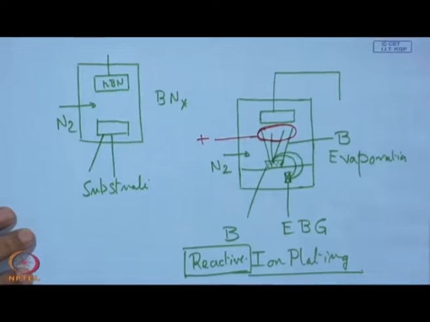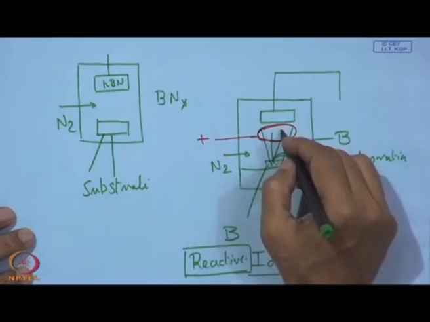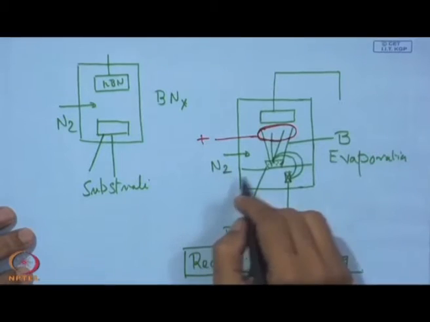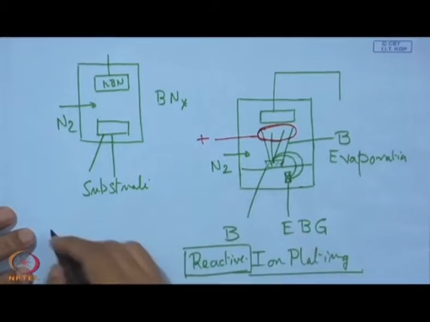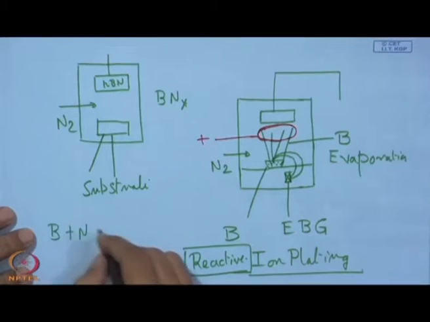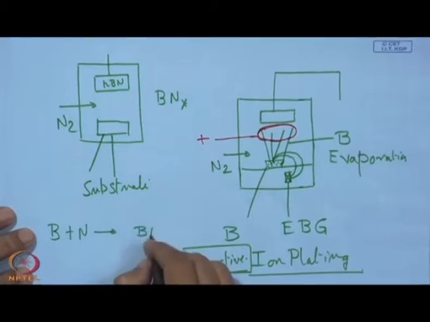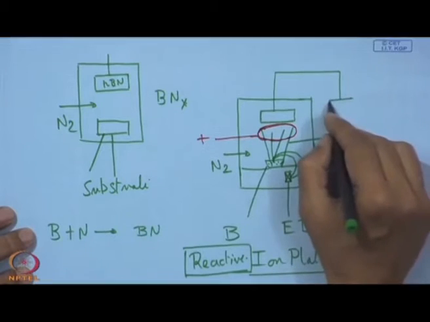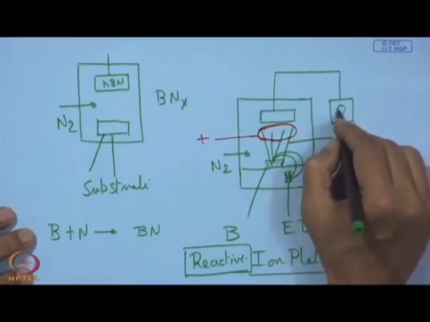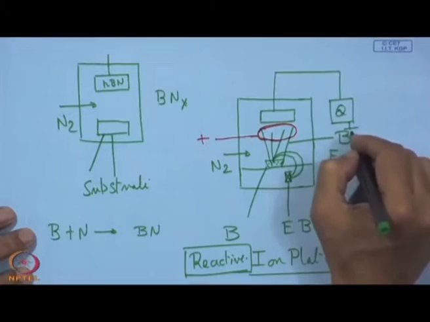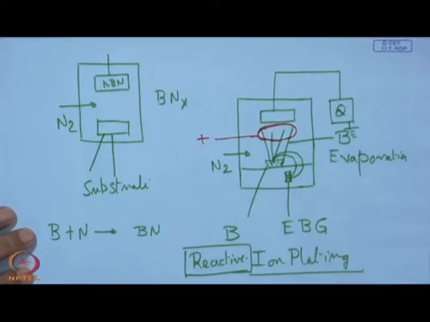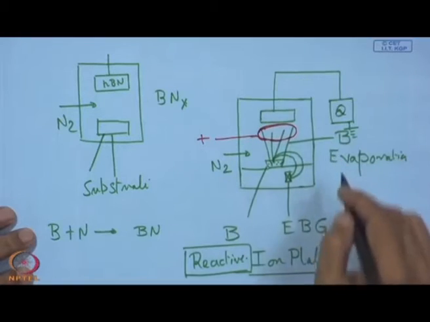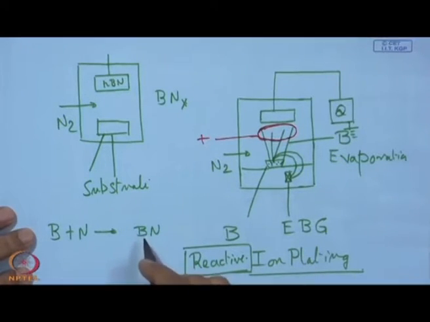The whole result would be that we expect this boron to go in this direction, and it is vapor of boron and we have nitrogen. So, it is going to be boron nitride, and at the same time the substrate is also going to be polarized, it is AC, and here we have ground. So, with this ion impingement we expect this boron nitride in cubic form.